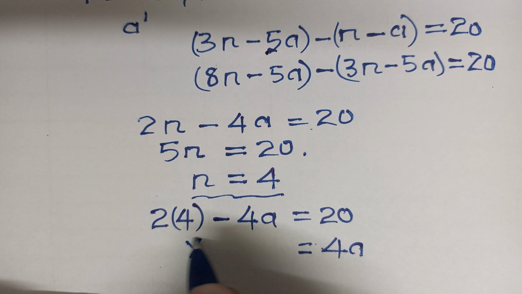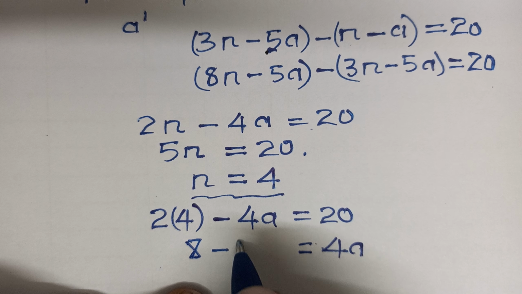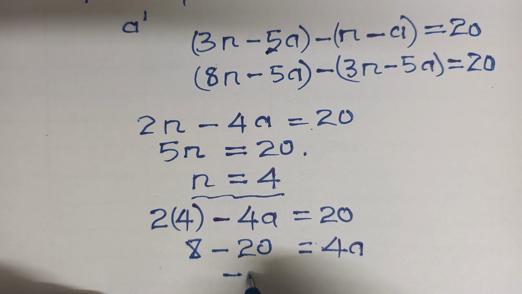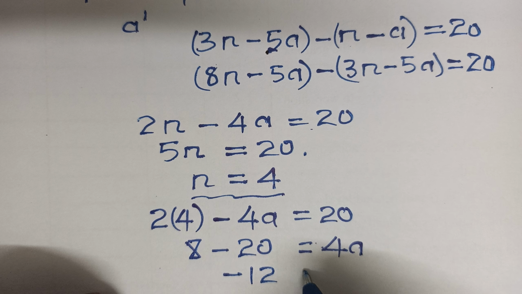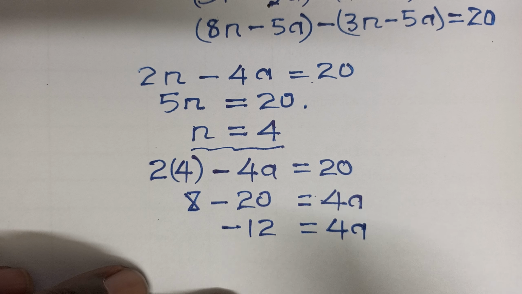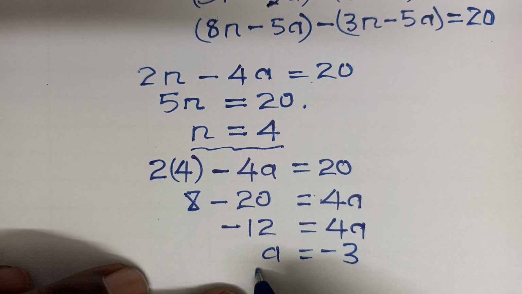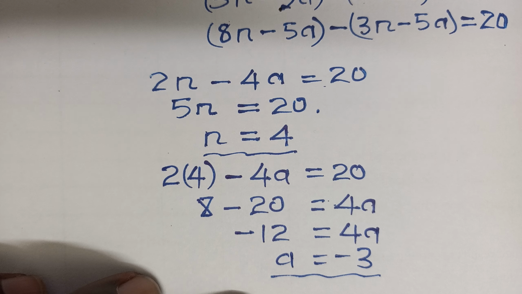So this is 8 minus 20, which comes to negative 12 all over 4, and therefore a will now be equal to negative 3. So this is what we have.